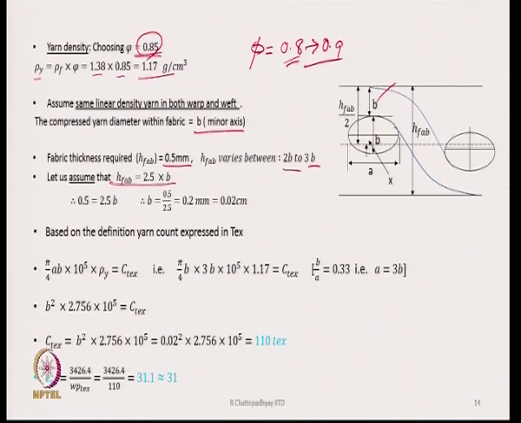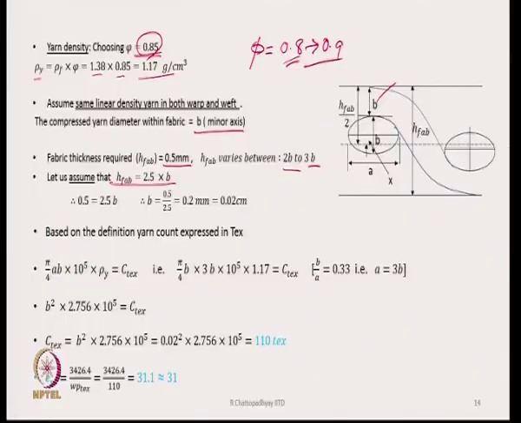So, we are considering the deformed shape of the yarn, where the minor axis of the ellipse is considered to be the diameter of the yarn. So, from there we can find out what is the value of B. So, B value is coming to be 0.2 mm or 0.02 centimeter.